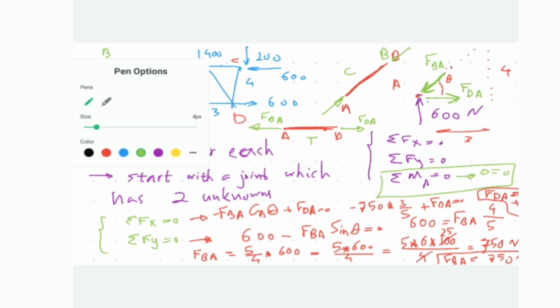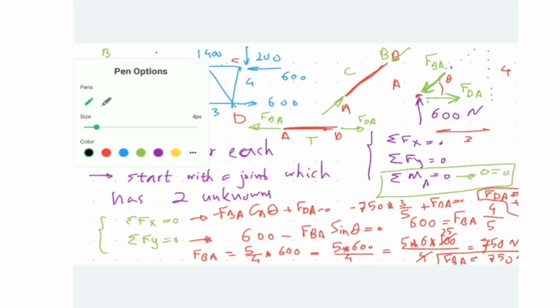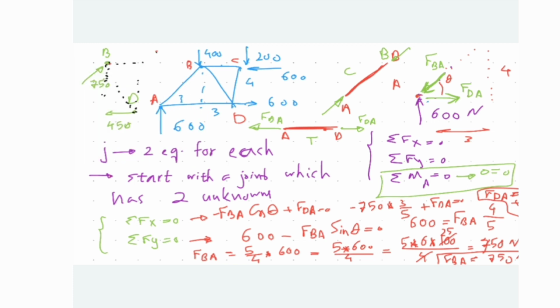I just want to complete the directions for these two, and try to find the correct directions for the forces, and then we can do the same approach for finding the magnitude of the forces. As you can see, we have two unknowns here and two unknowns here, and if I put the forces, one of them would be in this direction and the other ones in this direction.